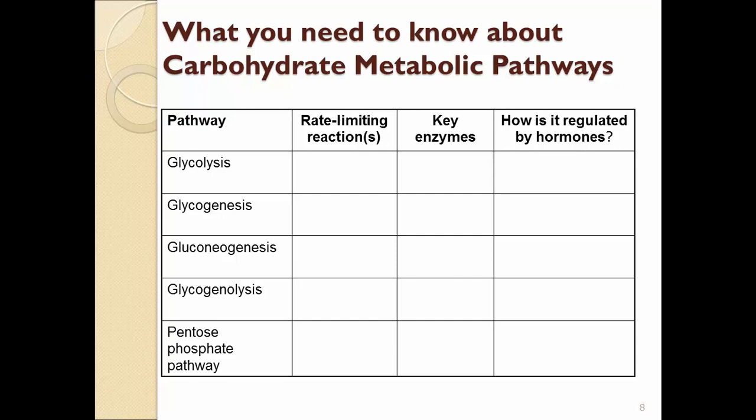Glycogenolysis is also called glycogen breakdown. And finally, the pentose phosphate pathway. So we're going to learn 5 different metabolic pathways of glucose.